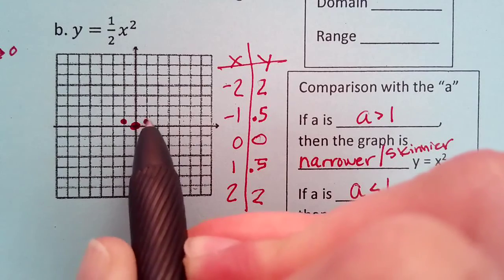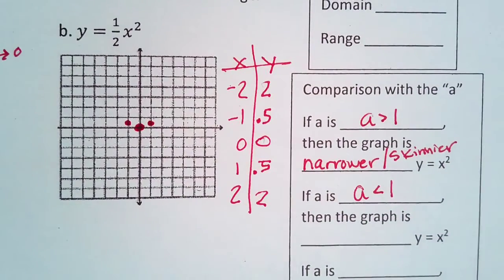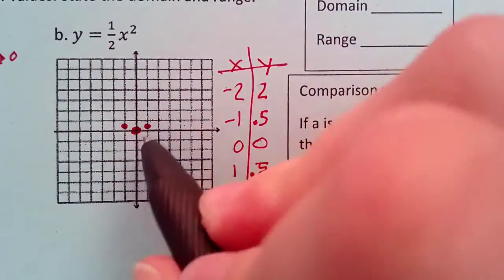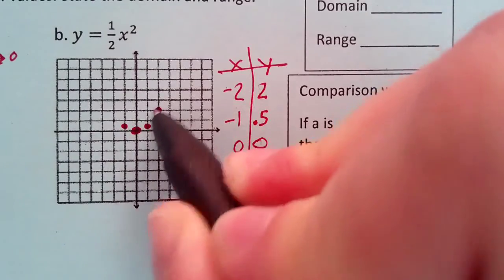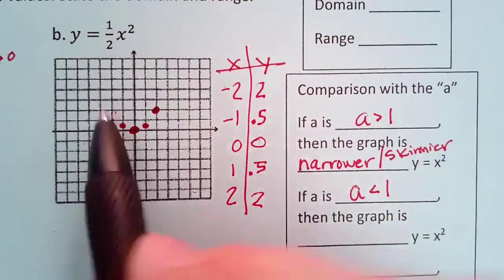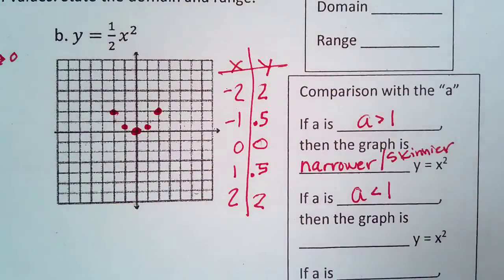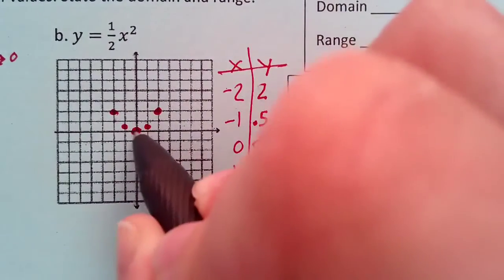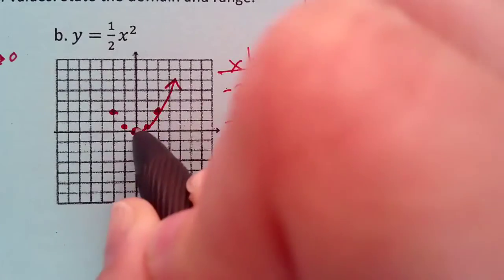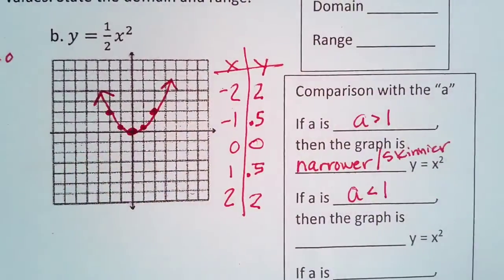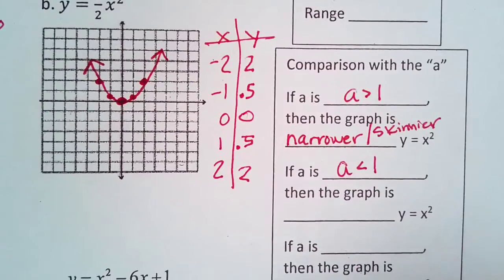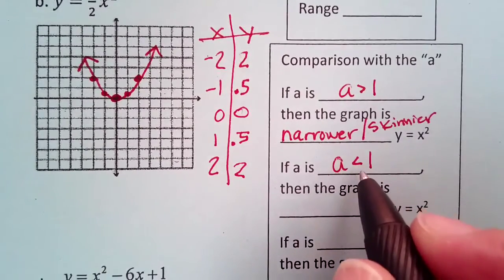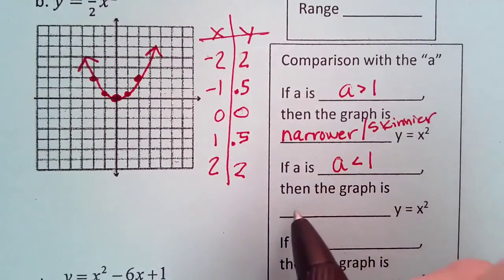And I'm going to have a mirror image on the other side. 2, 2, right 2 up 2. -2, 2, left 2 up 2. So I can see right now that this is much wider. So I'll draw my arrows and I'm going to go past those points. So yes, it's true that if A is a fraction, so less than 1, the graph is wider.